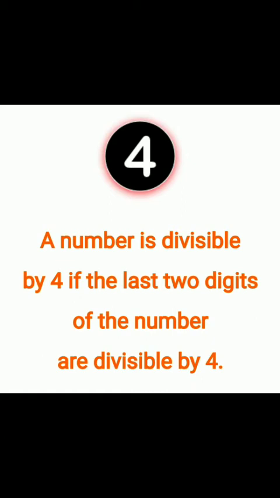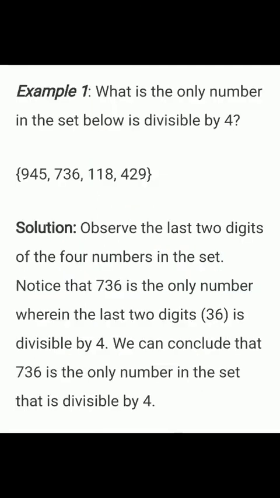Which numbers are divisible by 4? A number is divisible by 4 if the last two digits of the number are divisible by 4. The last two digits. Let us see one example. What is the only number in the set below that is divisible by 4? Observe the last two digits of the four numbers in the set.